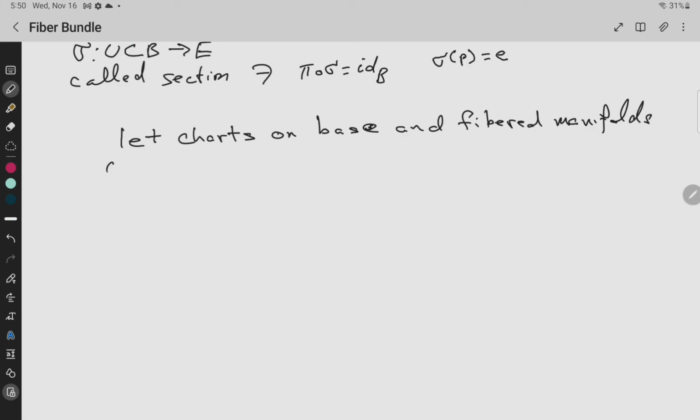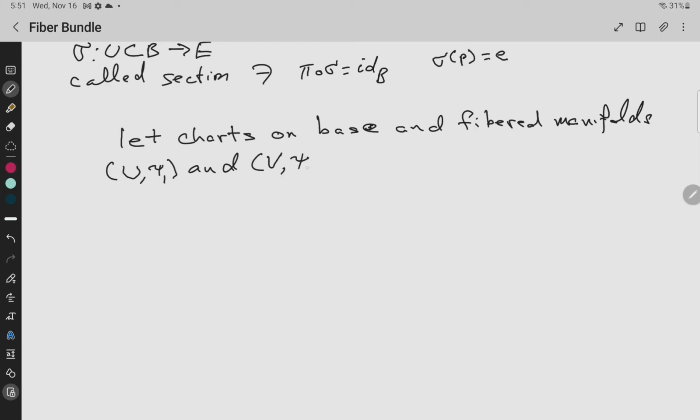In order to have a chart, you need some open subset in the region where you're mapping the object from. So here U is a subset of B, the base manifold, and let's call phi 1 the chart.